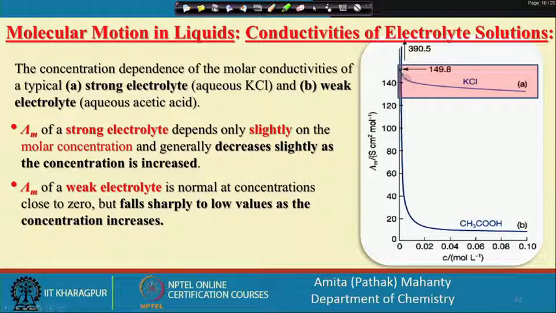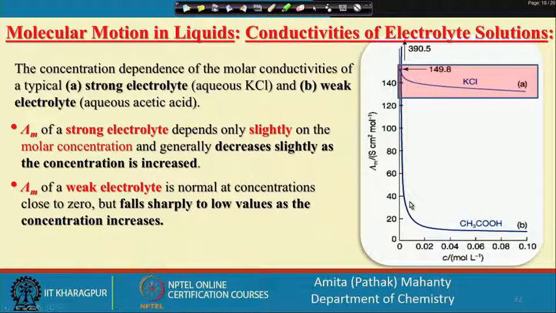The change with concentration is not very drastic. Since it is a strong electrolyte, the variation of the molar conductance is not very drastic, but for a weak electrolyte, as we have seen, the variation with concentration is going to be quite drastic.